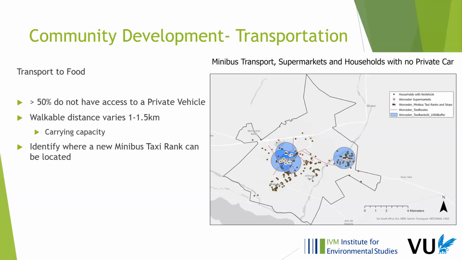With that said, where should we put any future taxi ranks, based on what we know about people willing to walk to a taxi? So that is another tool that serves a transportation function in community development.